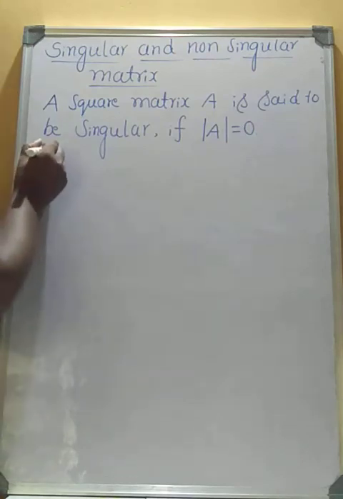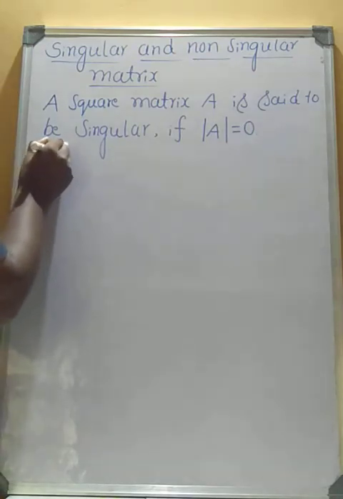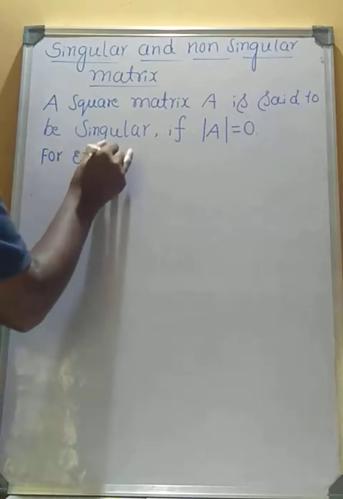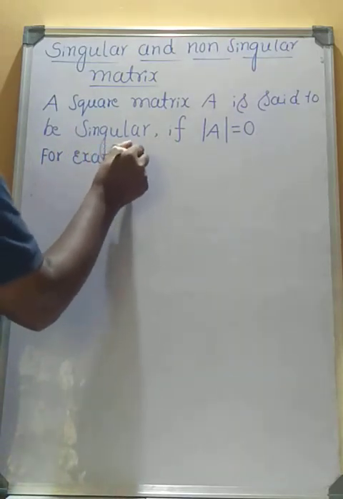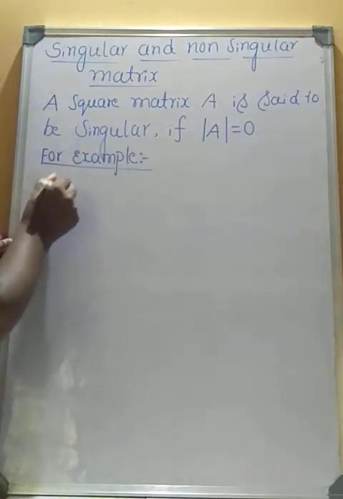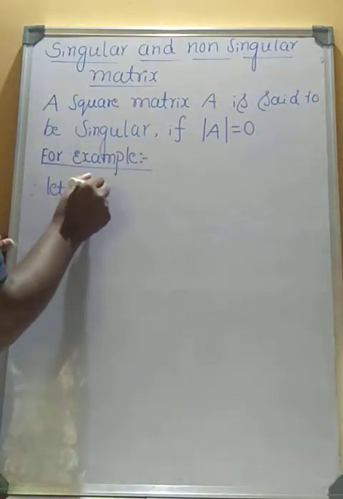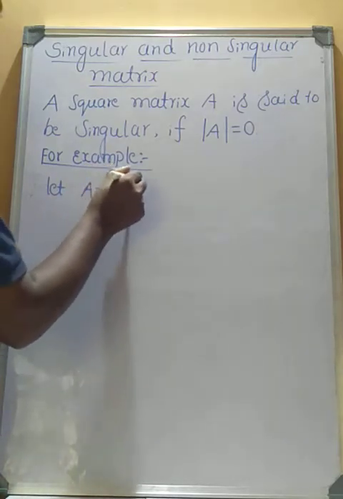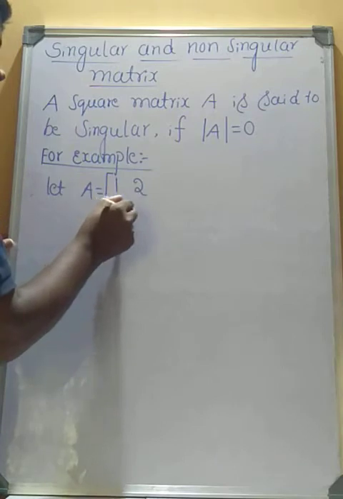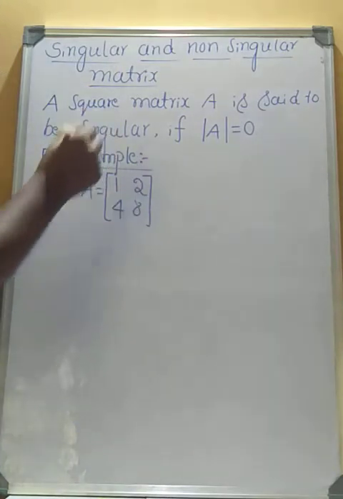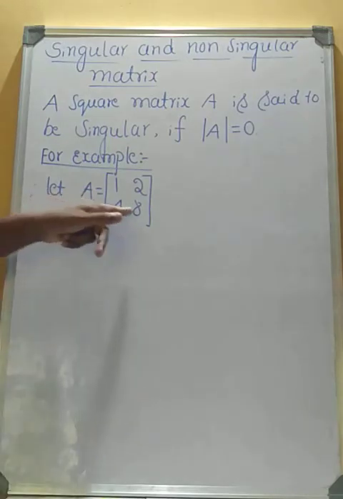So now for example, let matrix A equal to 1, 2, 4, 8. So matrix of order 2 cross 2.